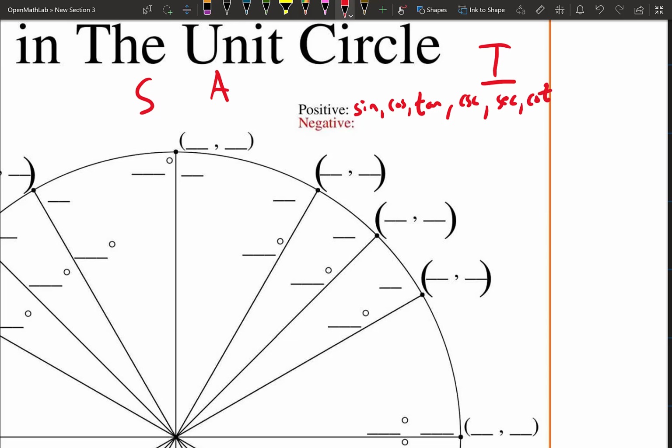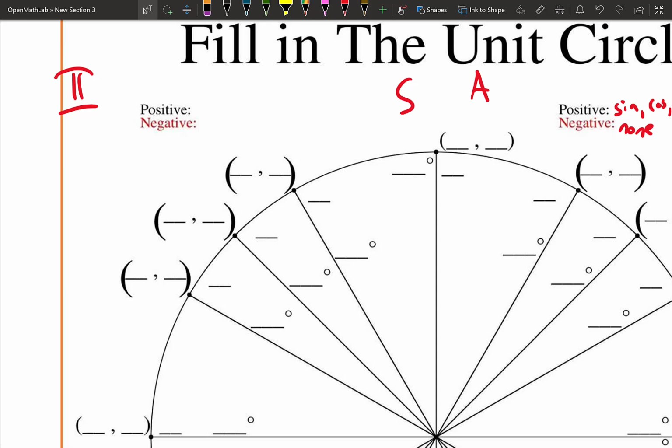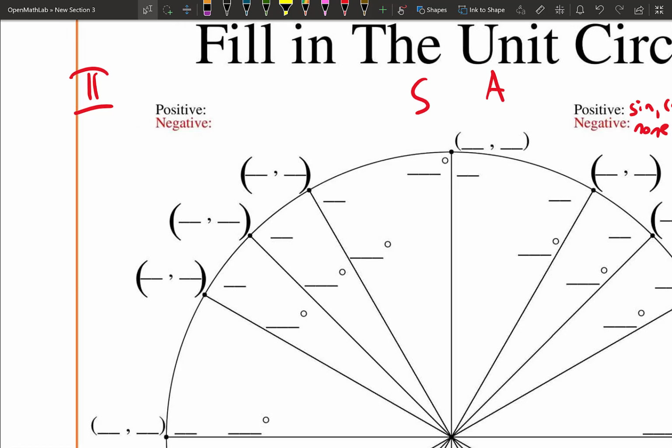All 6 trig functions are positive, and none are negative. Then in the second quadrant, the S stands for sine, so sine is positive, and also its reciprocal function cosecant is positive. So all the others are negative.